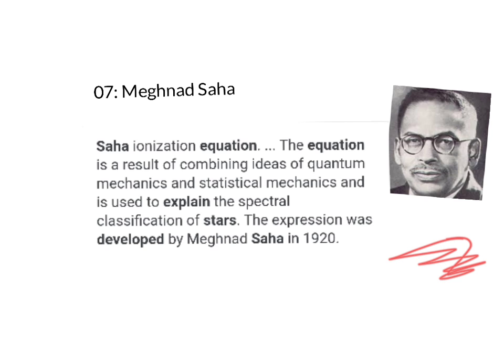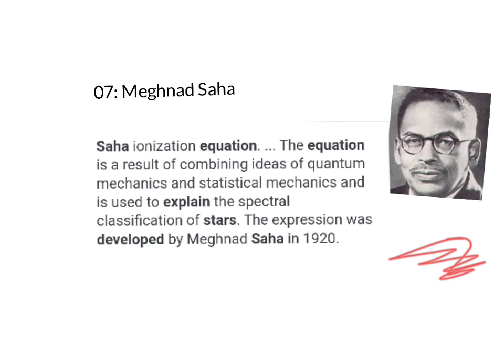Meghnad Saha. So Meghnad Saha was an Indian astrophysicist who developed the Saha ionization equation used to describe chemical and physical conditions in stars. His work allowed astronomers to accurately relate the spectral classes of stars to their actual temperatures, and he was elected to the Parliament of India in 1952.